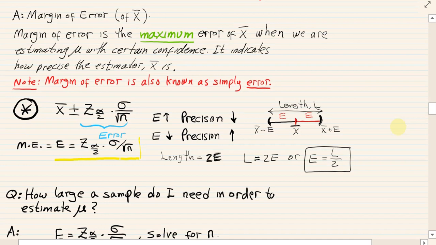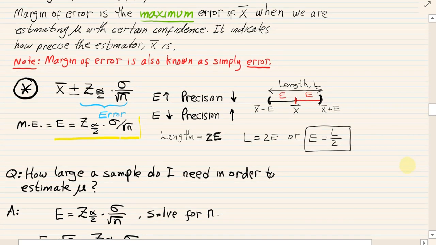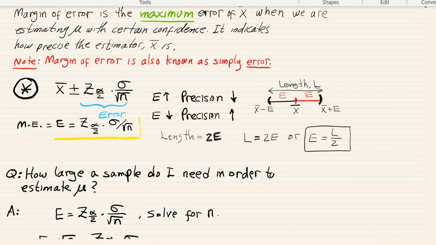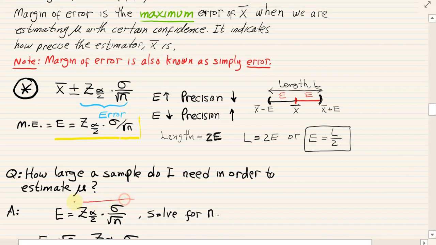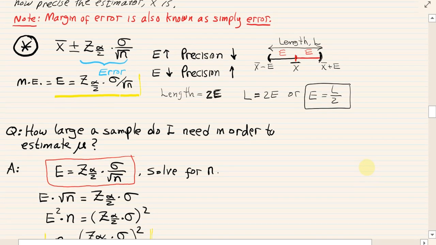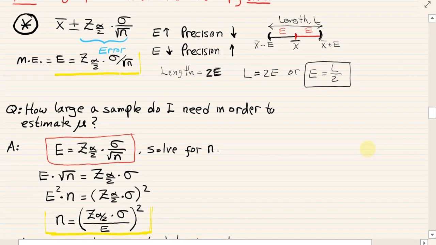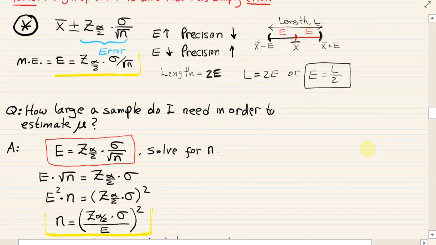Okay. Now, the next question might be, how large of a sample do I really need in order to estimate mu? Well, the answer to that comes from the margin of error. So here I have the formula for margin of error. Now, if I solve it for n, and if you follow the algebra, that's fine; if not, that's fine too.